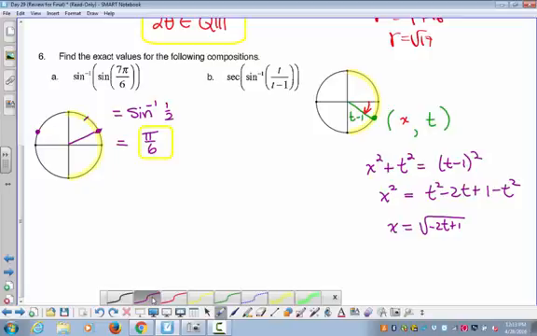Now the question says, what is secant of this angle? Secant of an angle is the reciprocal of cosine of an angle. Cosine of this angle is x over t minus 1. So our answer should be t minus 1 over x. That will be our answer.